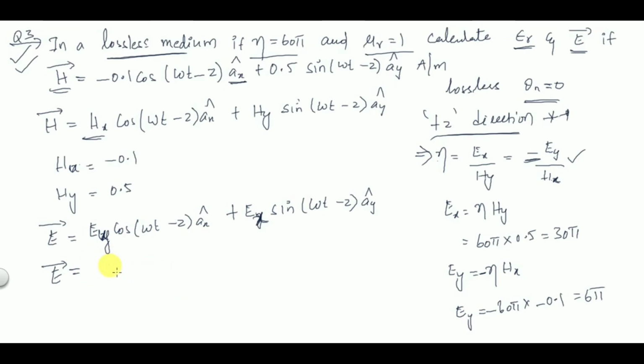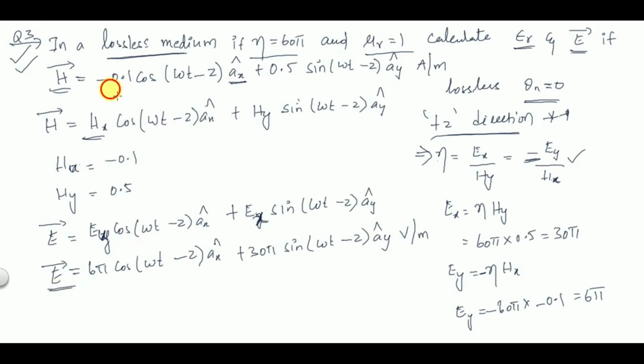Ey value is 6 pi, so 6 pi into cos of omega t minus z ax cap, plus Ex value, which is 30 pi, into sine of omega t minus z into ay cap, volt per meter. So this is the equation for electric field intensity.